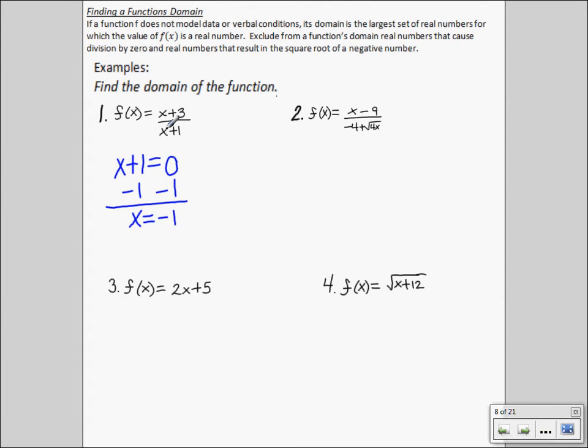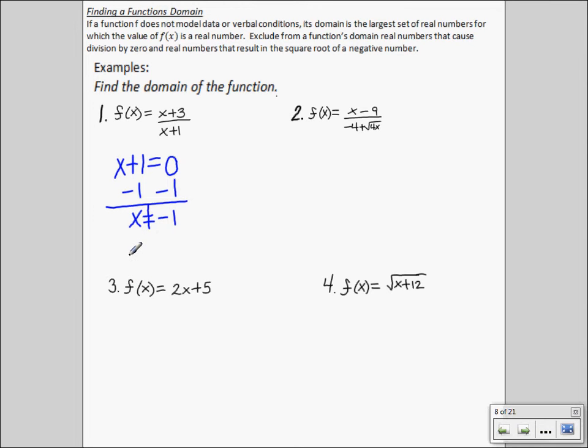When x equals negative 1, you're going to get division by 0, which we do not want. So cross out the number that it cannot be, the negative 1.